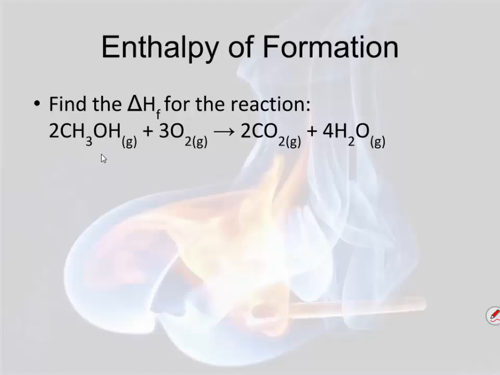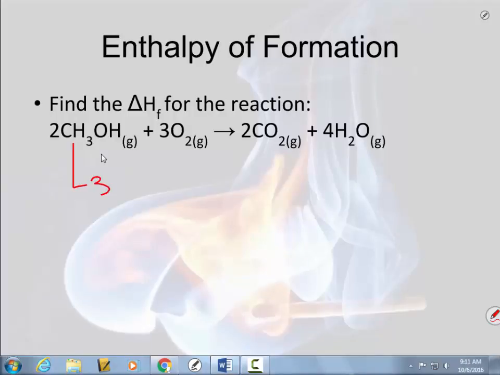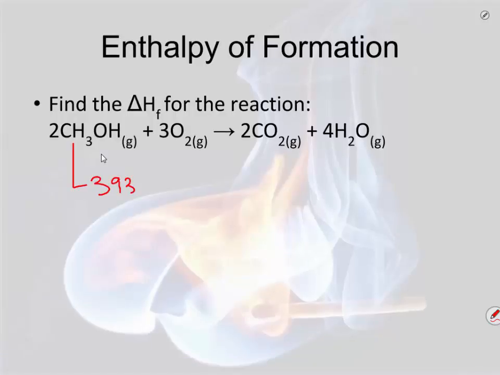So CO2, and we want to make sure we choose the gas form of it. CO2 gas has a delta H of formation of negative 393.5. We want to times it by its coefficient, so we're going to times it by 2. Plus, we're going to add it to water's value. So water, I think we put it with the oxygen.